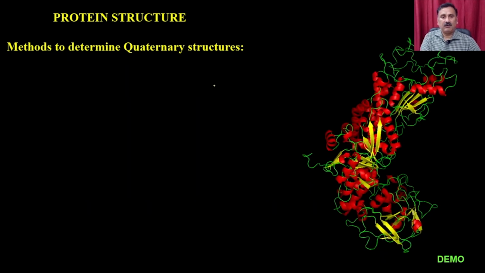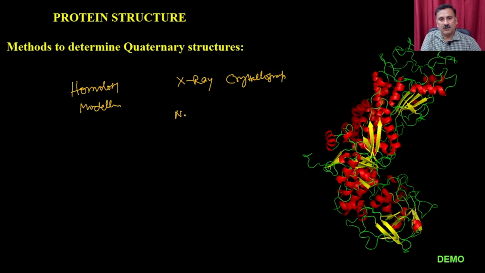Now, irrespective of whether you use molecular modeling, which means homology modeling, or X-ray crystallography, or NMR spectroscopy, you are going to get a 3D structure of a protein.